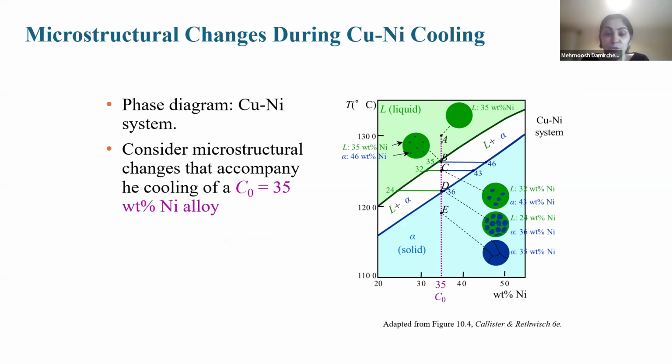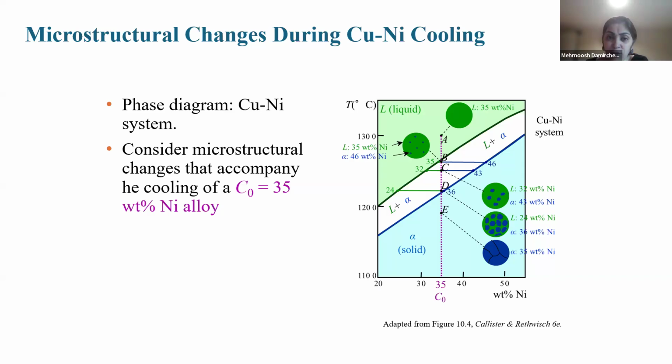This slide shows the cooling of the copper-nickel alloy with 35 weight percent nickel and the macrostructural changes that occur. Look here, at point A, we are 100% liquid, that you see in green. By cooling and reaching point B, B is the border after which we have L plus alpha, meaning liquid and solid phase.